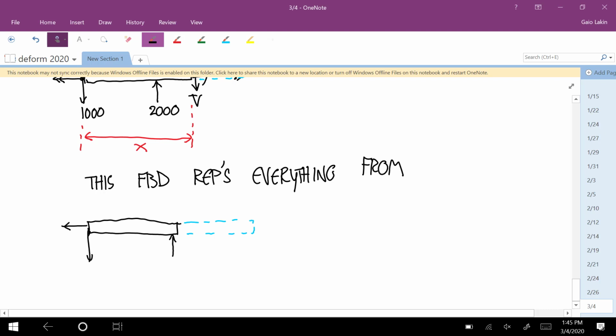We have the force, the torque, and then the internal loads.